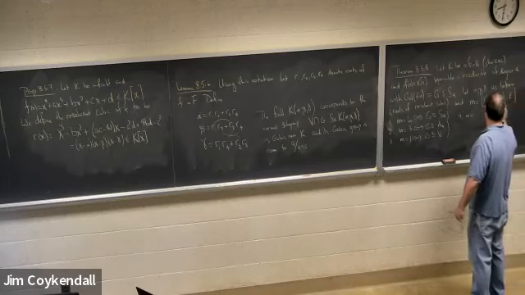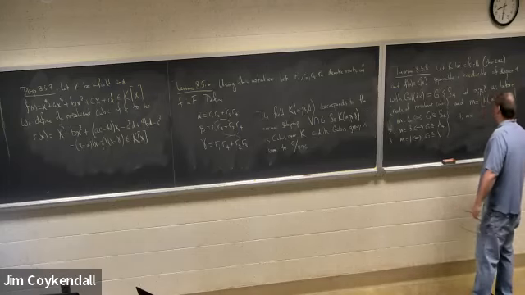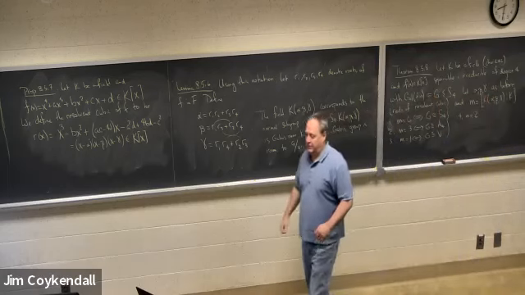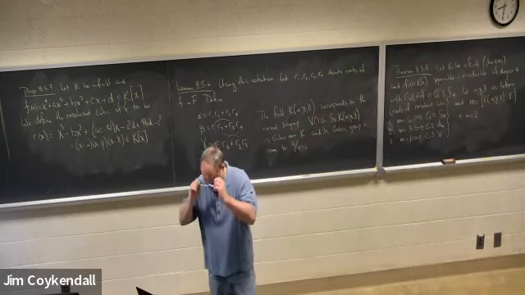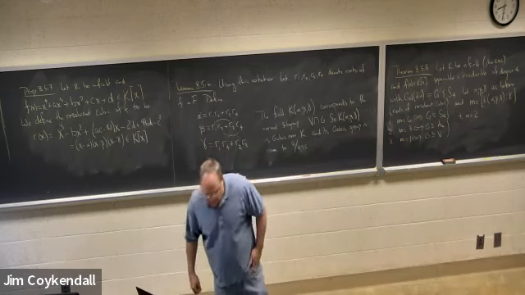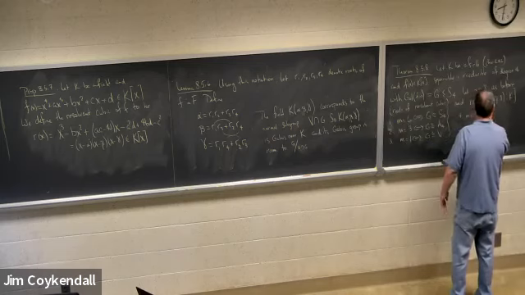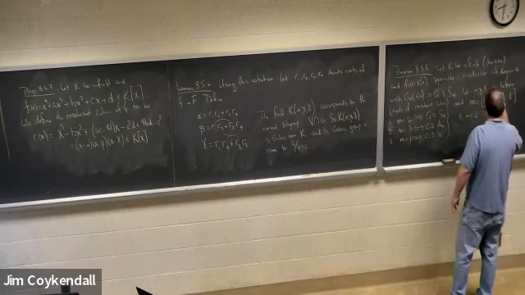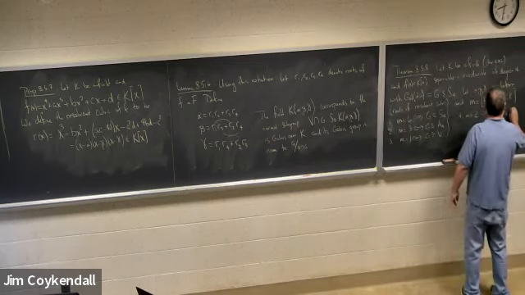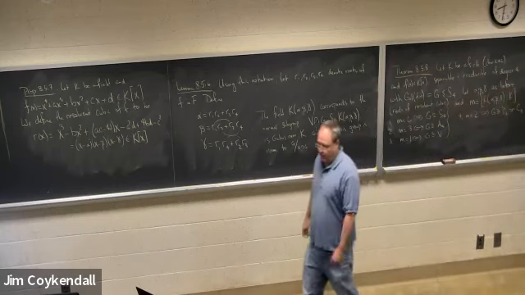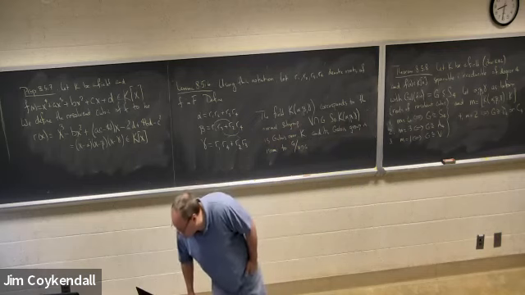For example, maybe like 2 conjugates, maybe there's an irreducible polynomial of degree 2. However, this one bifurcates in 2 cases. If and only if G is isomorphic to D4 or C4. So this one is either cyclic of order 4, or it's the dihedral group on the square.